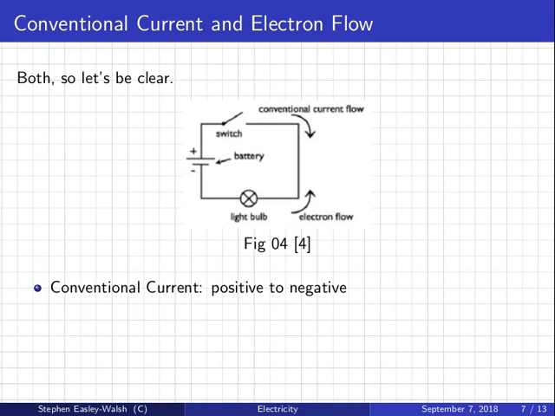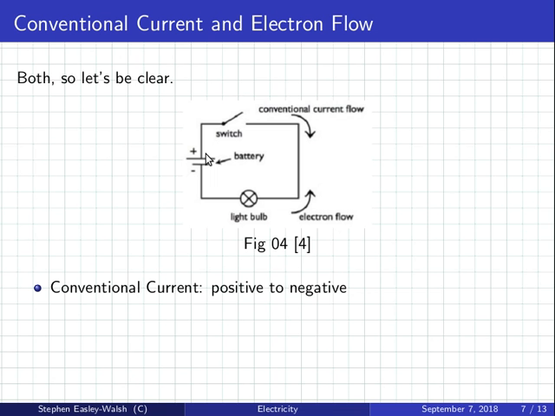In this picture, when you have a current, you normally say it goes from positive to negative, like you said. However, the electrons are actually moving from negative to positive. So this is unfortunate.